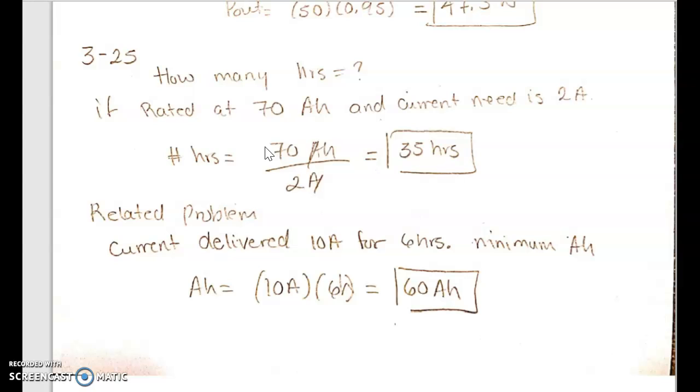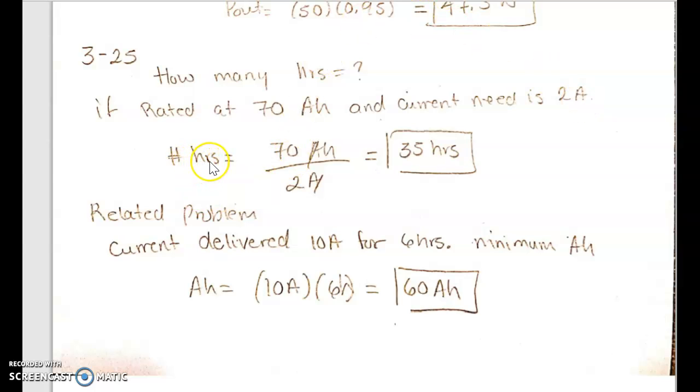Let's do example 3-25. So right here they're asking for the life of a battery. For how many hours can a battery deliver 2 amps if it is rated at 70 ampere hours? So 70 ampere hours, and the current that it is required to supply is 2 amps.